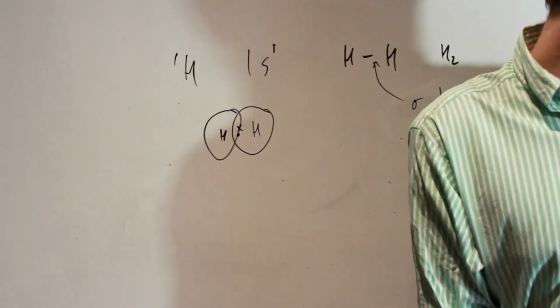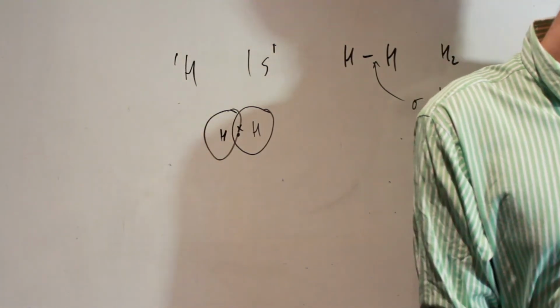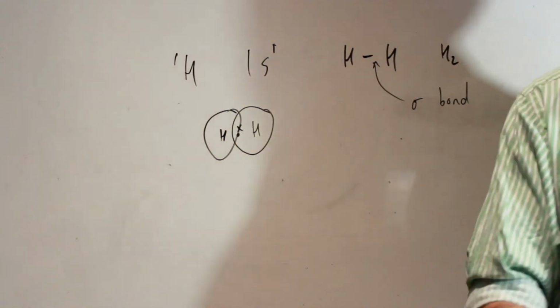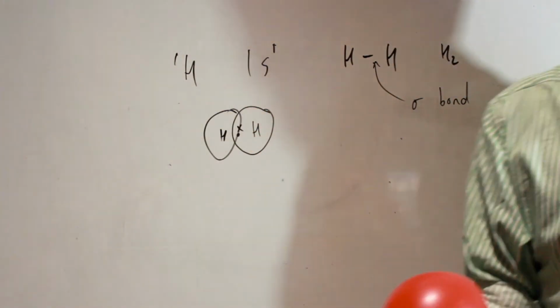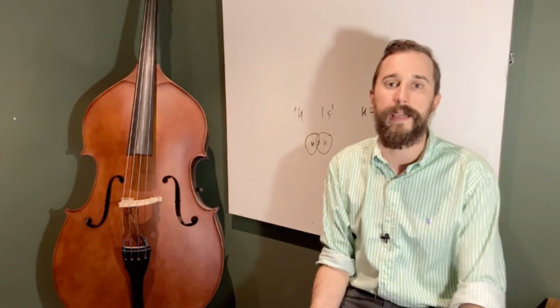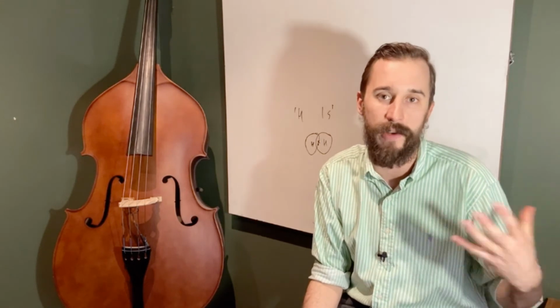So I've got a whole bunch of models with my favorite thing, balloons. Now I'm going to start with a very simple one, which is just s orbital, s orbital. Now we talked about the s orbital being spherical in a previous video, so you can go look at a discussion on that if you need a refresher.